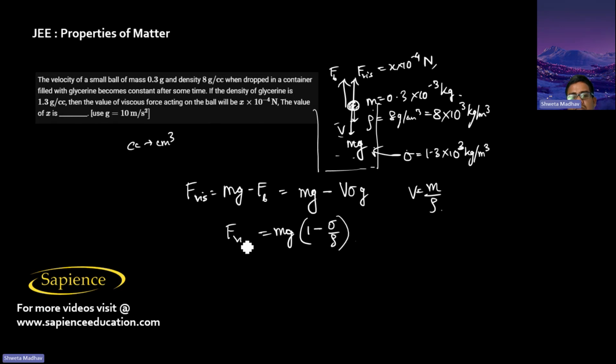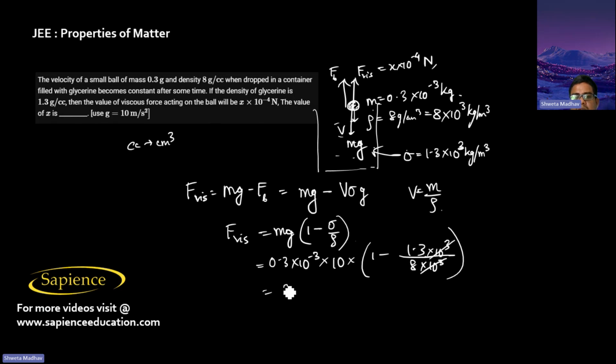Now that will be m, that is 0.3 into 10 power minus 3 kg, into g, that is 10, into 1 minus sigma, 1.3 into 10 power 3, by rho, that is 8 into 10 power 3. 10 power 3 will get cancelled.